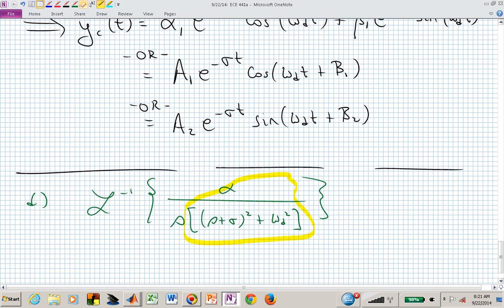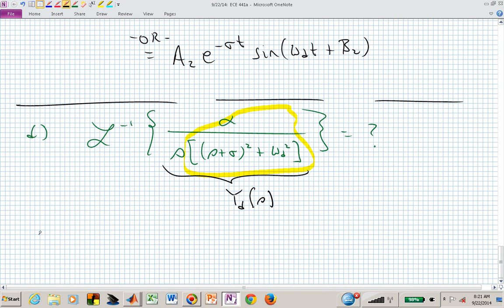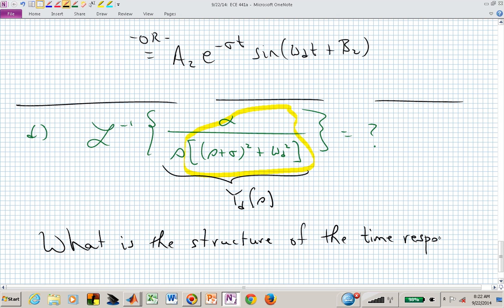What is this going to look like in the time domain? This whole expression, we could say, is capital Y sub d of s, and we want to know what is the structure of the time response.